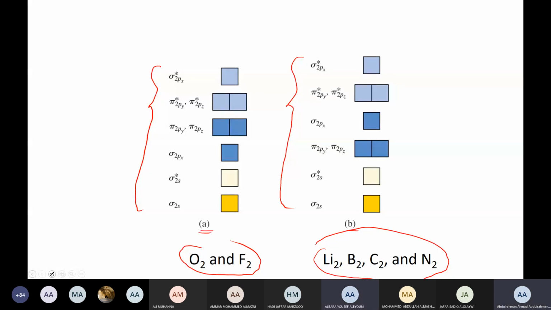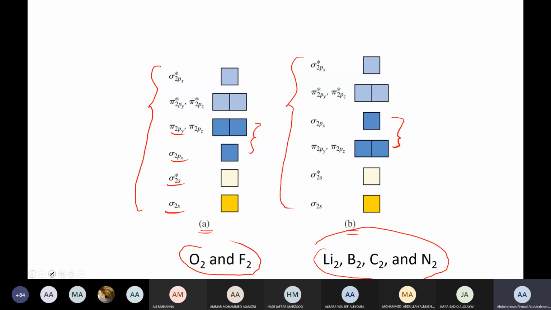In the middle only. Sigma 2p and pi 2p, these two are flipped. That's the only difference.